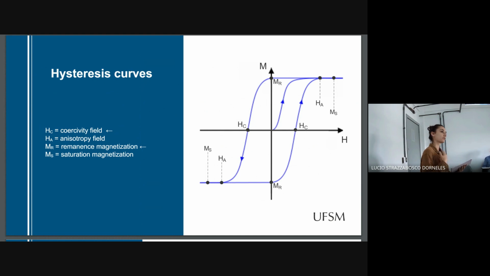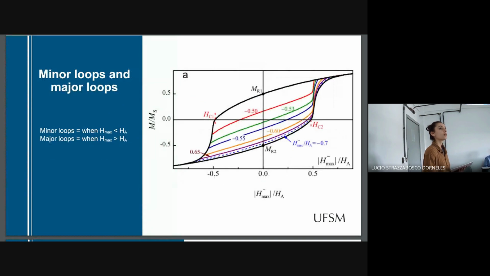So our material will be saturated, and that is important for us. The major loops are when we have the saturated curve. But when we get the minor loops, we don't have this saturation. So there's an issue, there's a problem.